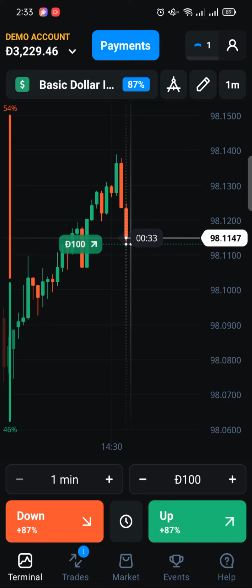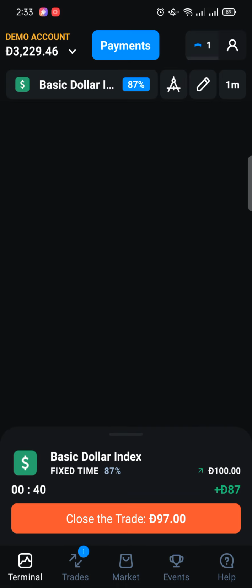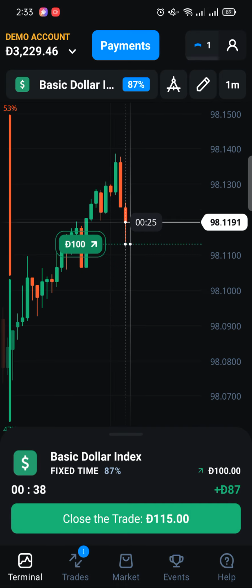I don't know what basic dollar index is all about, but it is kind of a binary thing, right? It is jumping really big. It definitely is jumping big, but it is too much volatile, I can assure you that.